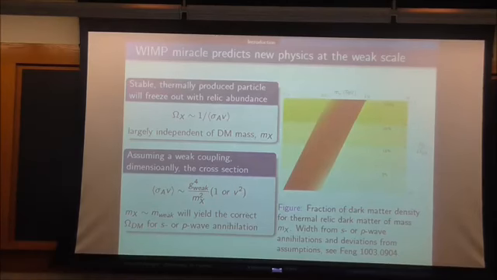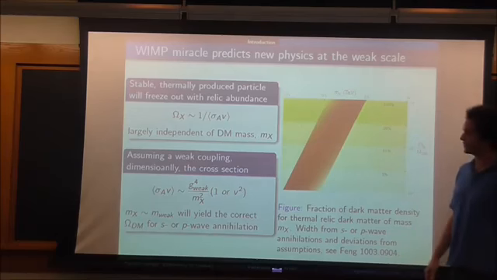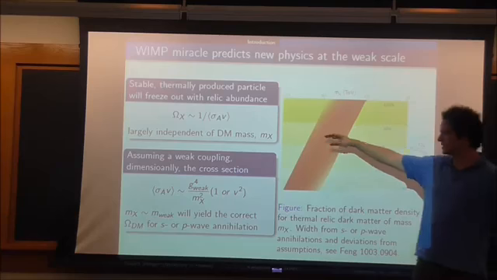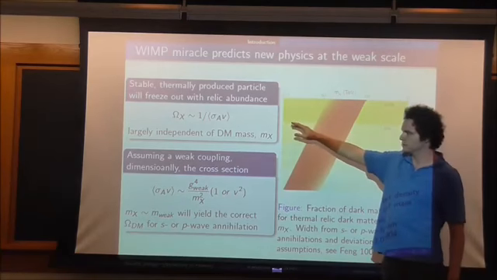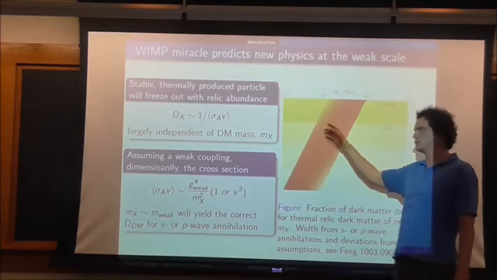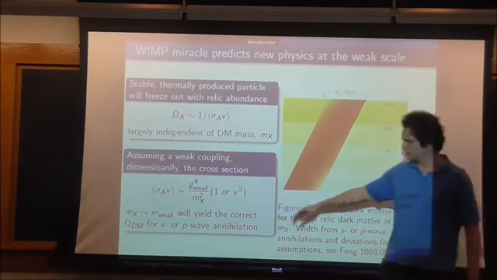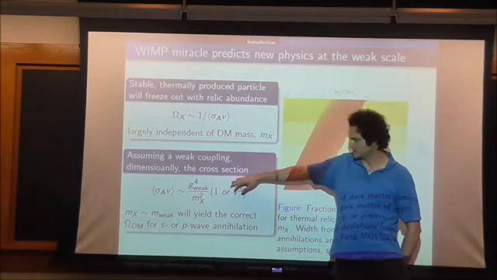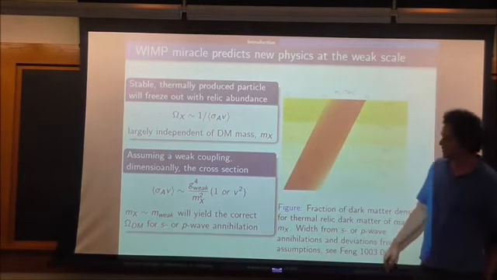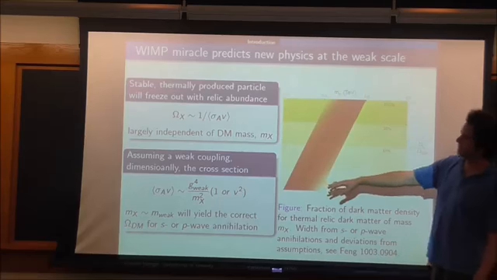One of the best motivations for new physics at the weak scale is the WIMP miracle. If you have a stable thermal particle that's annihilating, it's going to freeze out with some relic density that goes like 1 over the annihilation cross-section. If you have a weak coupling, then just dimensionally you know that you're going to wind up with a cross-section that goes like 1 over the dark matter mass squared, with some velocity dependence.